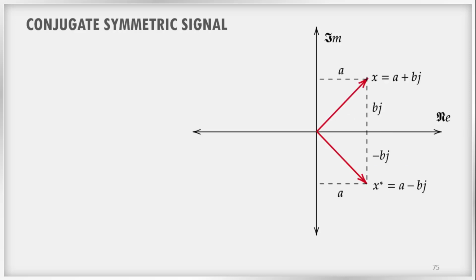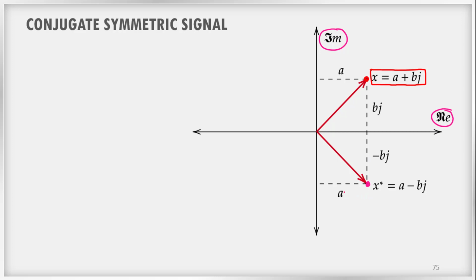Before discussing the conjugate symmetry of complex signals, we need to understand what is meant by complex conjugate. Assume that we have a number x equal to a plus bj. This number is located here in the complex plane. We have a real part and an imaginary part, and the complex conjugate is a number which appears here.